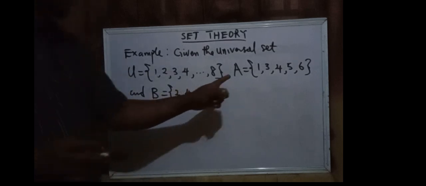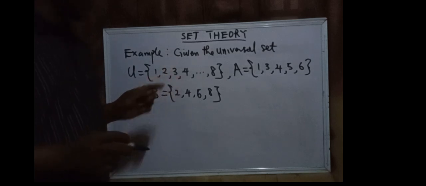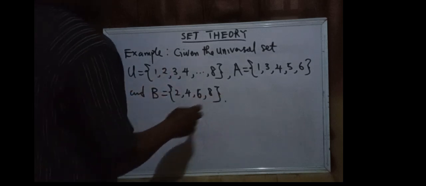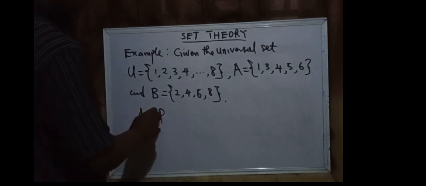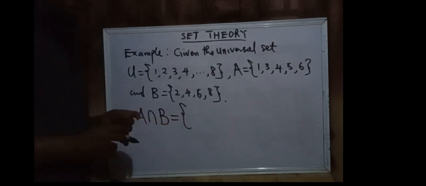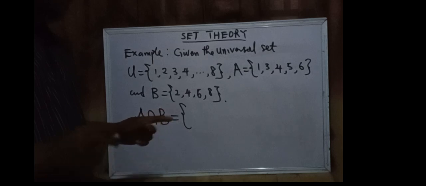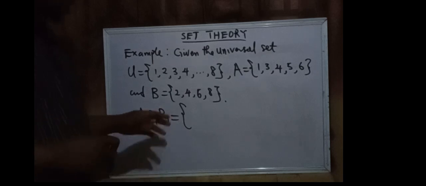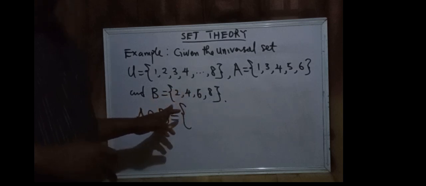Obviously, both sets A and B are subsets of U. If you are now asked to find the intersection of A and B, we recall that by definition, this has to be the elements in A and B.